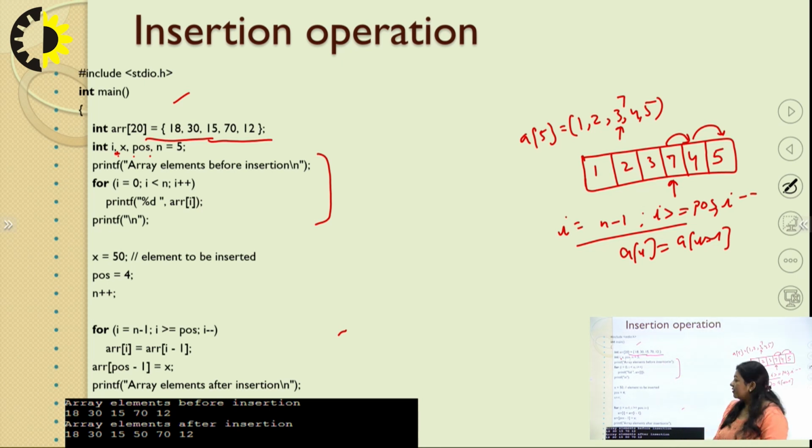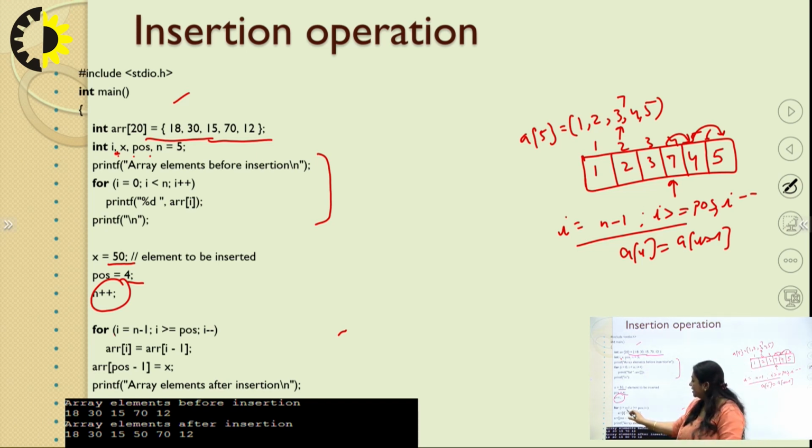Now we want to insert the value x equal to 50 at position number 4. That means positions 1, 2, 3, 4, 5, 6. So we want to insert the element 50 at position number 4, and increment the size of the array, that means n plus plus. Apply the loop i equals n minus 1, i greater than or equal to position, and i minus minus.